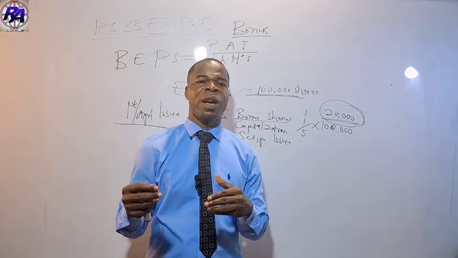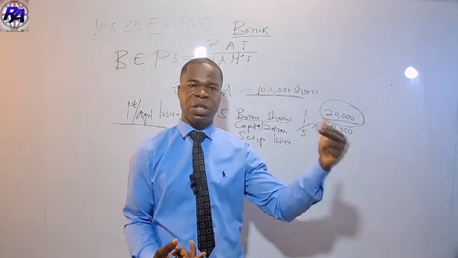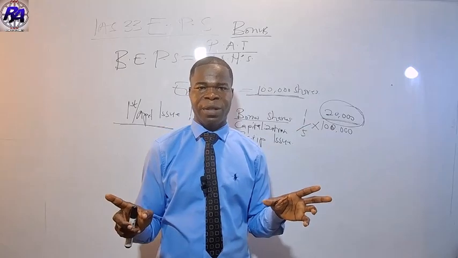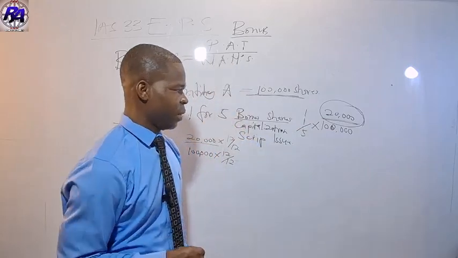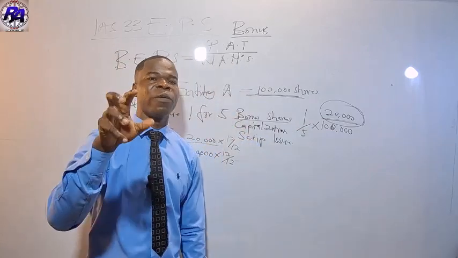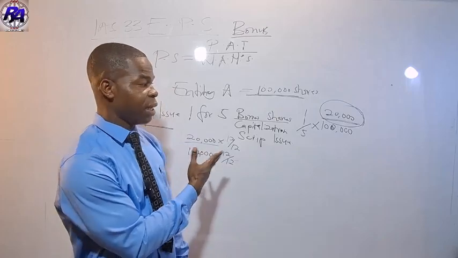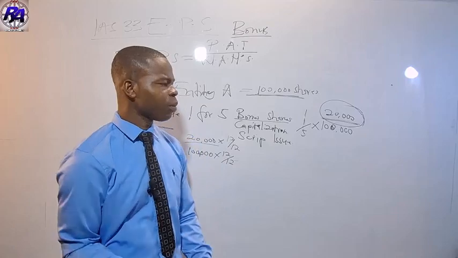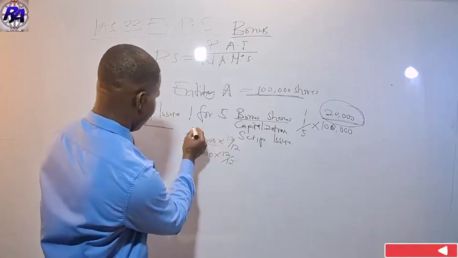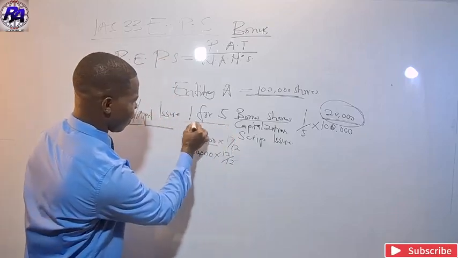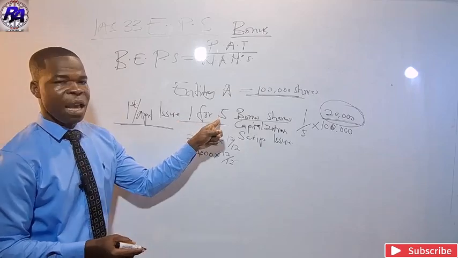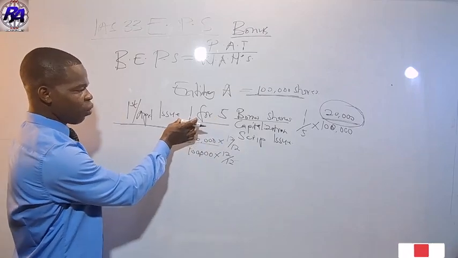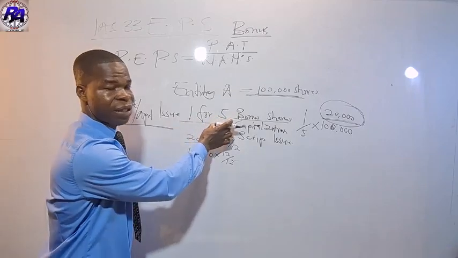In a situation where we have bonus issue plus market issue, the circumstances will be different. All right. Now let's go into details. Anytime there is a bonus issue, you need to look for a bonus fraction. Although in this case we are not going to use it, I want to teach you how to determine a bonus fraction. There is an issue of 1 for 5. That means you are issuing 1 share for every 5 existing shares.